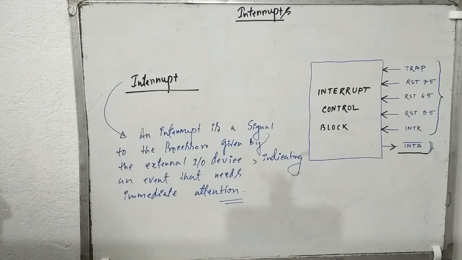Let me give an example. Suppose you were doing some work at your home. Your friend comes to your home from outside, and first you stop the work you were doing, and then you are busy with your friend, with some gossiping, and then when your friend goes from your home, you again start the work that you were doing.